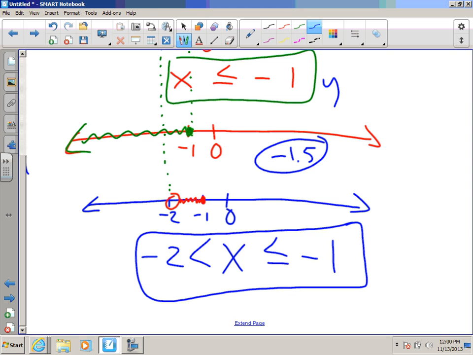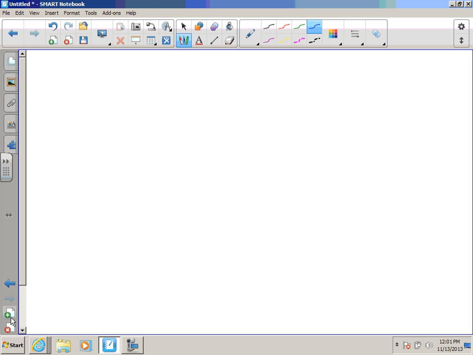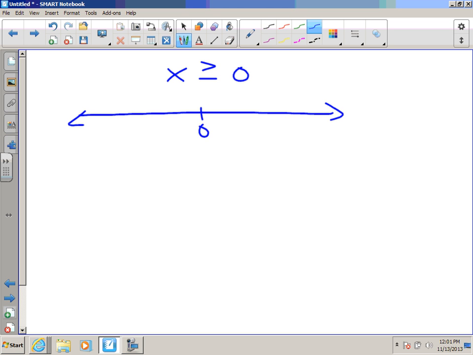Focus on the "or." The "and" is the portion that they share. Let's focus on the "or." First one, x is greater than or equal to 0. Next one, x is less than negative 1.